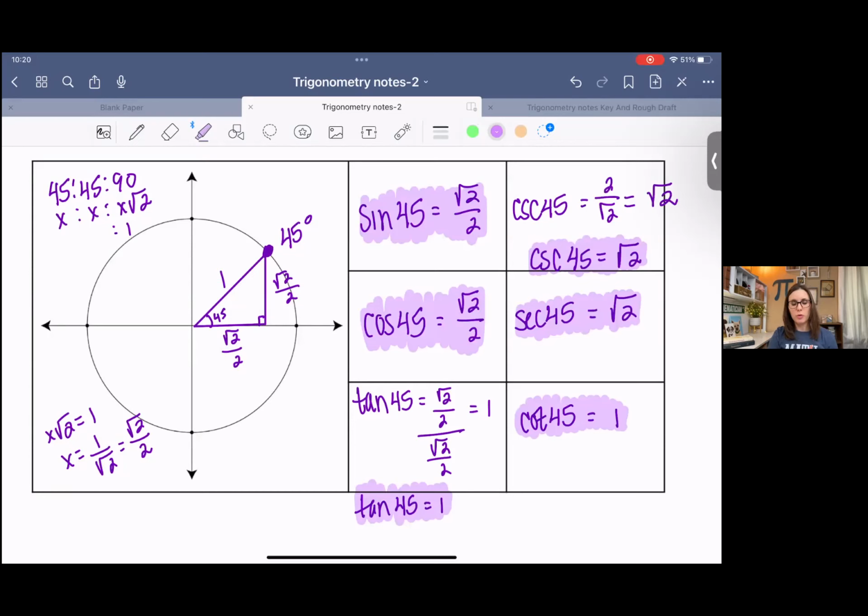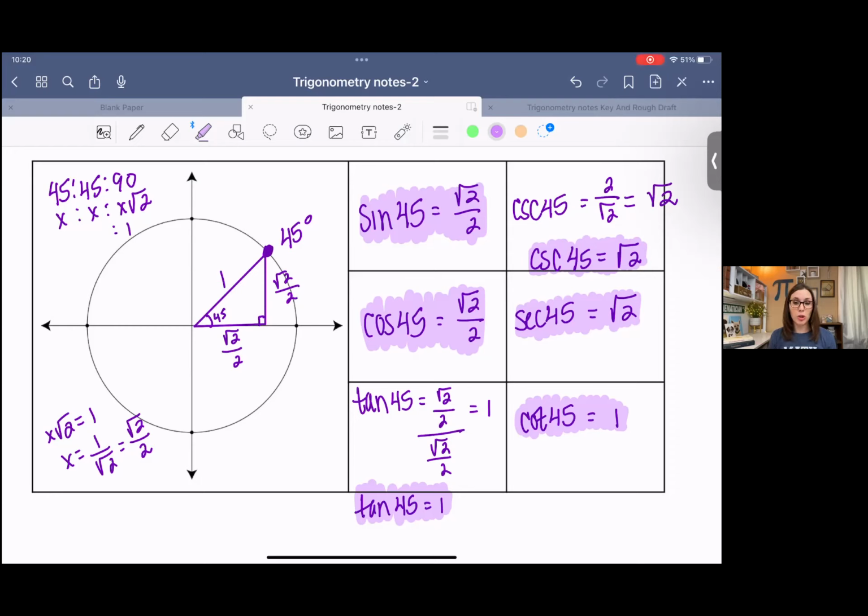Then for the reciprocal functions, we're just going to flip those and simplify. When you do cosecant, the twos divide and you end up with just root 2. Secant is going to be the same thing, root 2, and then cotangent, if you flip 1, you just get 1. So those are the trig functions for a 45-degree angle.